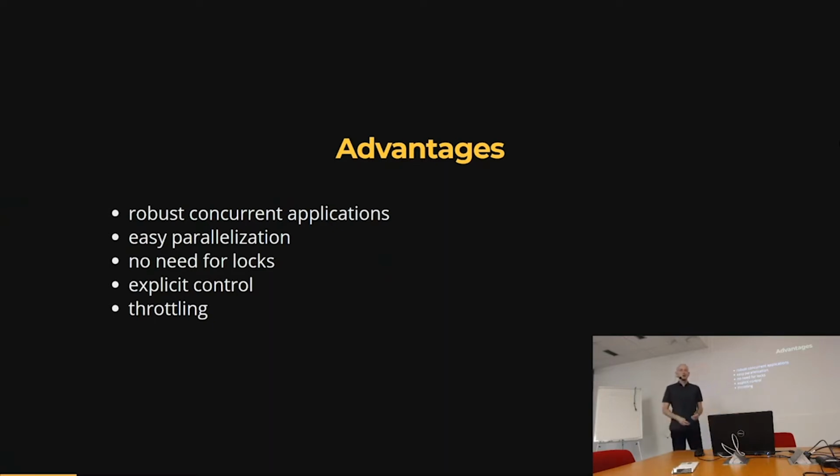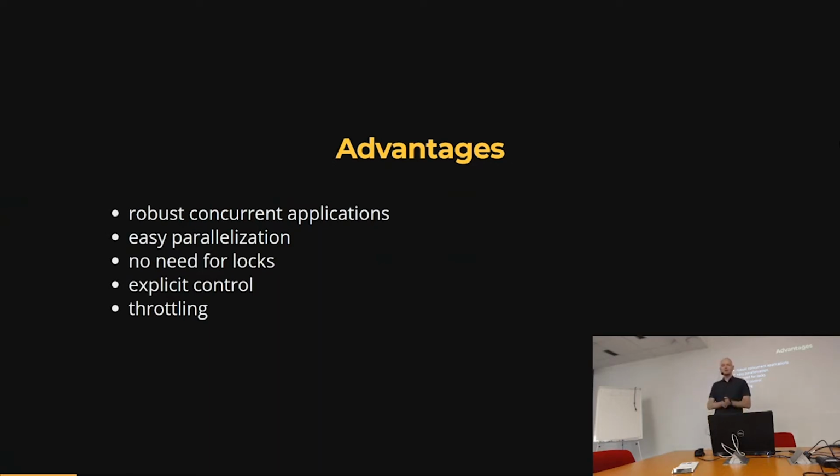It's basically you say how many tasks can run at once, and you do this. Because of the way the library is structured, there is no need for synchronization locks, so the performance is also better without this locking.